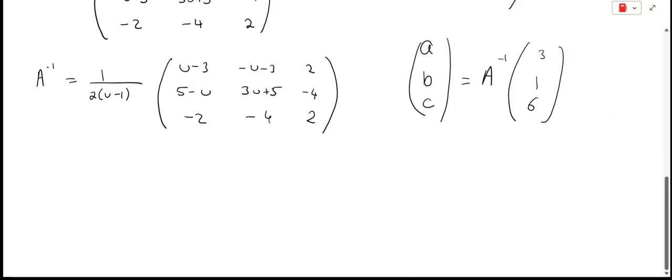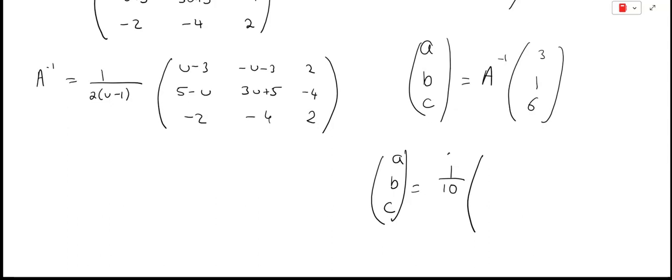Well, what's A inverse? We now know u is 6. So (a, b, c) is going to be equal to A inverse, 1 over, u is 6, so 6 minus 1, 5, 5, 1 over 10, times the matrix 3, minus 6, minus 9, 2, minus 1, 23, minus 4, minus 2, minus 4, and 2.